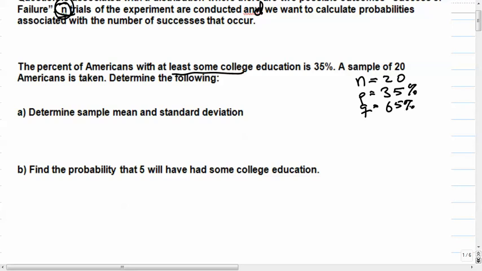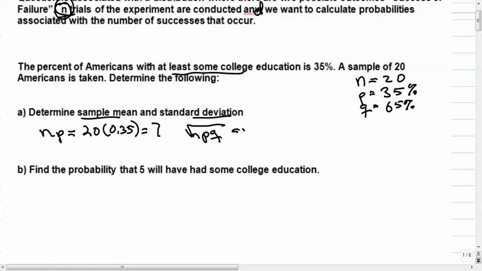We want to determine the sample mean and the standard deviation. The formula for the binomial mean is n times P. So n, 20 times 0.35 comes out to be 7. The standard deviation is the square root of NPQ.